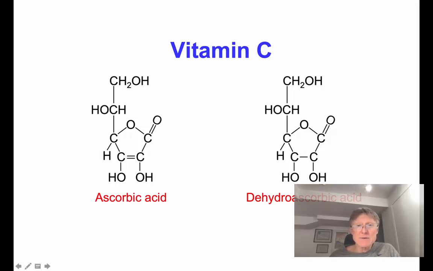Okay, so they are very similar. The difference is that here you have a double bond, and here you have a single bond. So that's this small difference in the molecule that differentiates ascorbic acid from dehydroascorbic acid. And again, you can see that there is some similarity with glucose. For that reason, plants can convert glucose into vitamin C, but humans cannot.